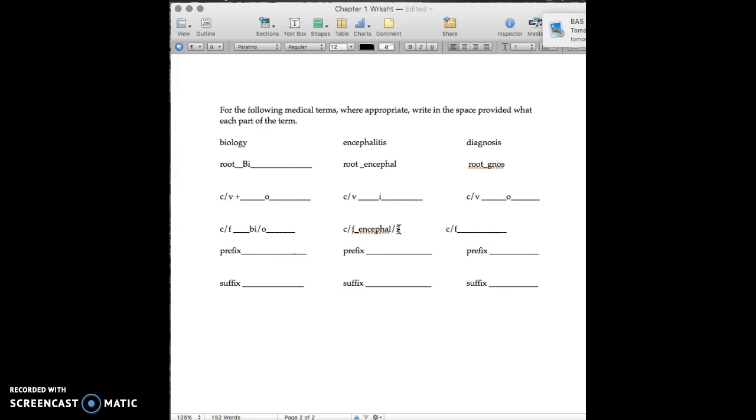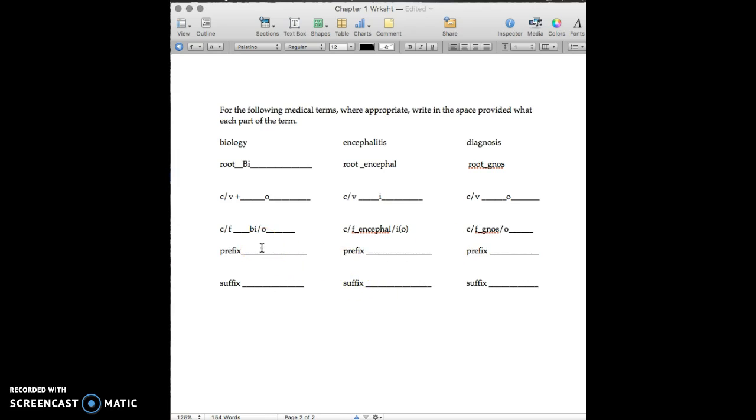Okay, so I'm going to just put in parentheses O. And then here for the combining form of noso, all of these spaces are such a pain, aren't they? G-N-O-S/O.